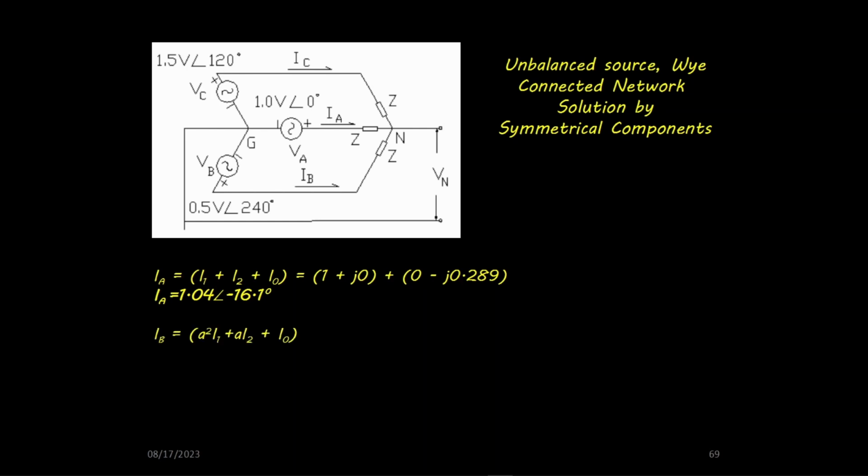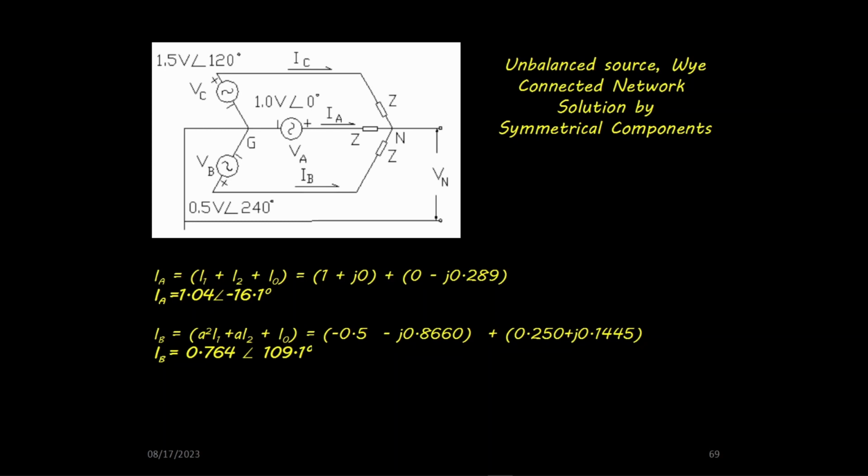IB equals A squared I1 plus A I2 plus I0 is equal to minus 0.5 minus j0.8660 plus 0.250 plus j0.1445. Therefore, IB equals 0.764 at 109.1 degrees.